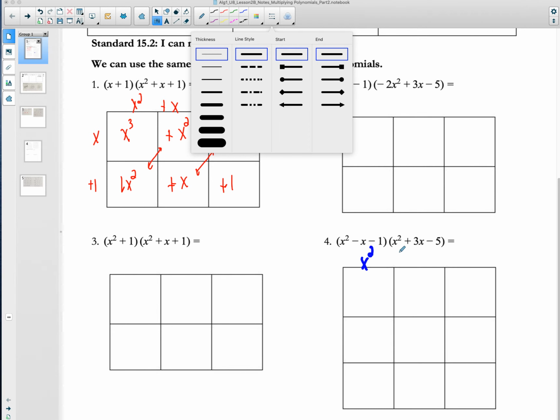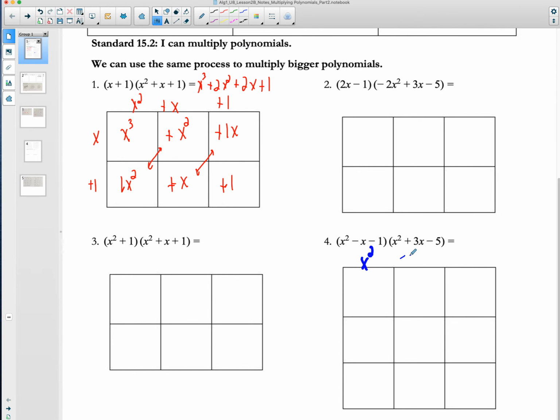And then I'm going to do the minus x here, and the minus 1 here. All right, now notice this is 3 across, and then I also have 3 down. All right, like this. And notice I have 3 things times 3 things, so I'm going to have 9 in my box here.